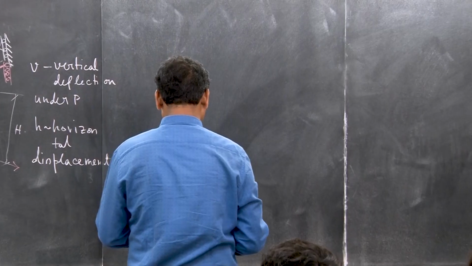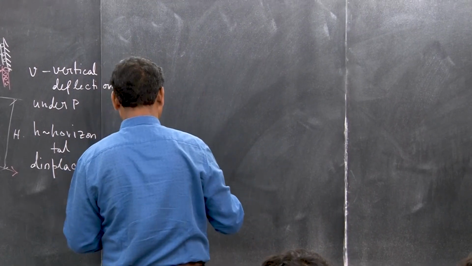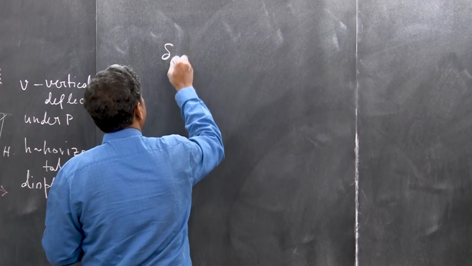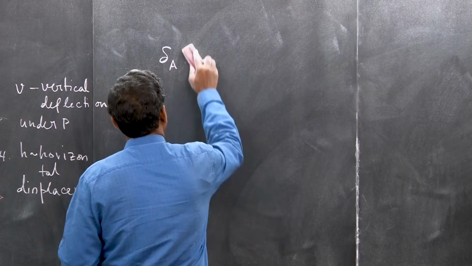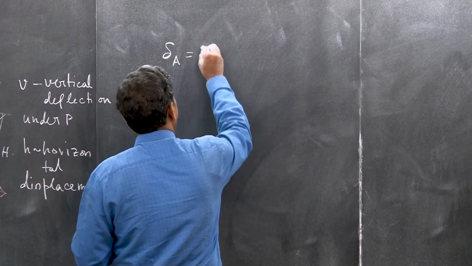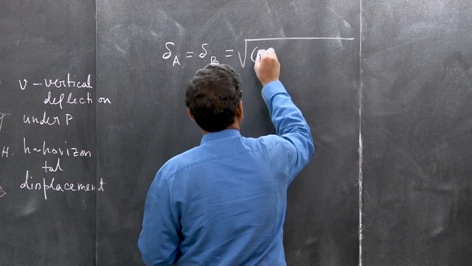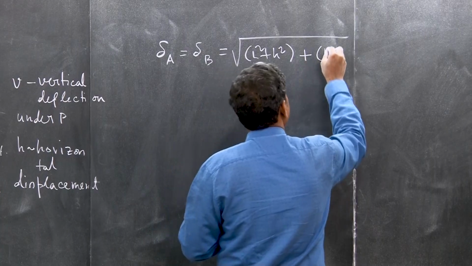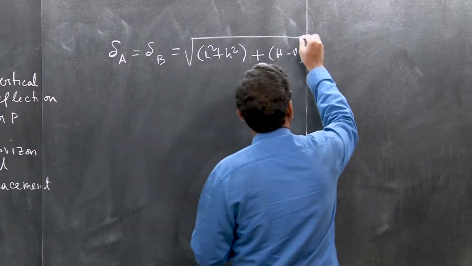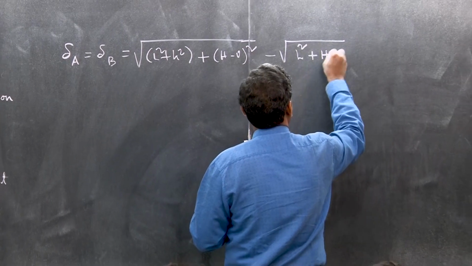Okay. So now we will write down the potential energy. So delta A is equal to delta B, whatever. The spring delta A is equal to delta B will be nothing but root L square plus h square plus H minus v square, minus root L square plus h square.